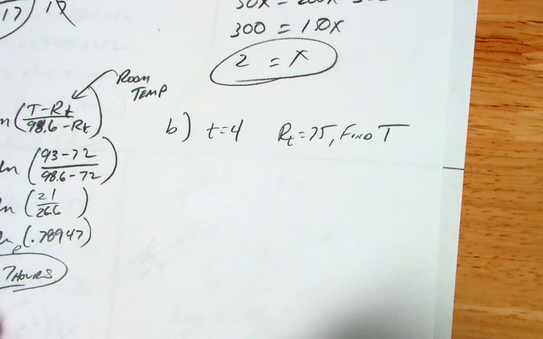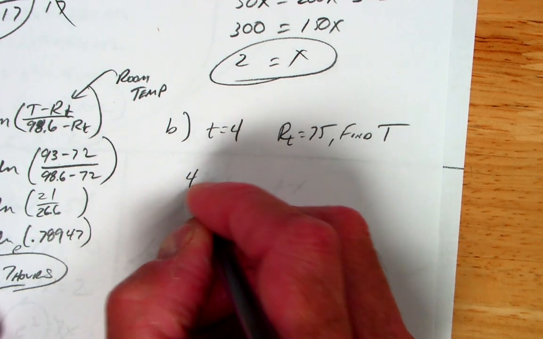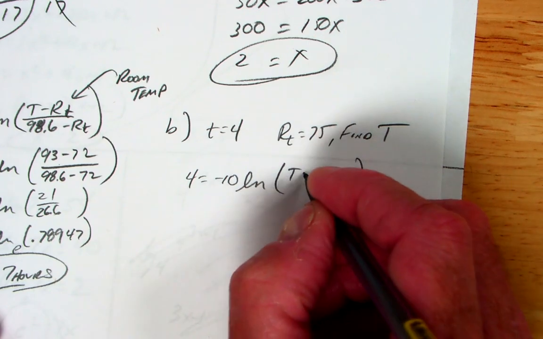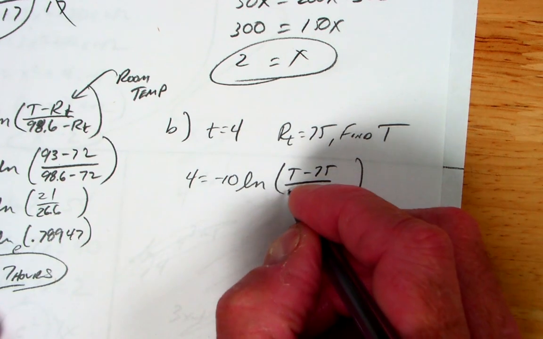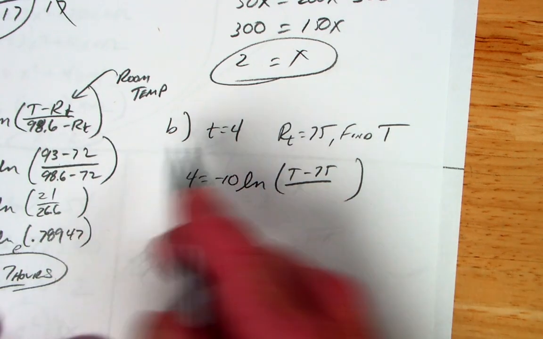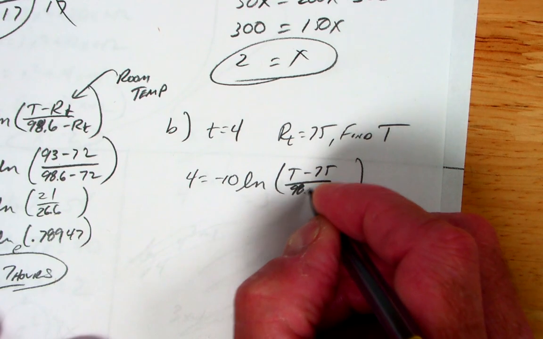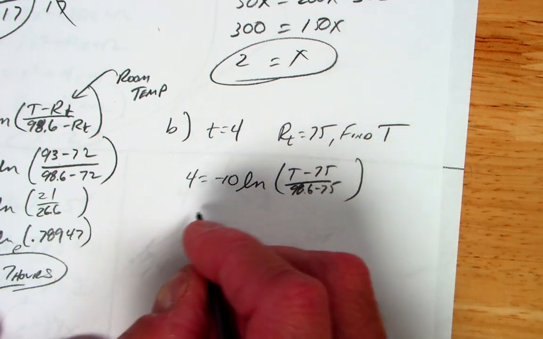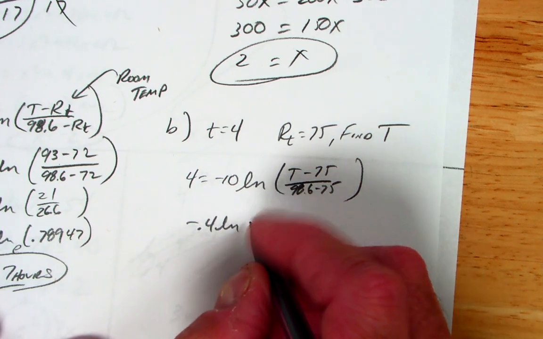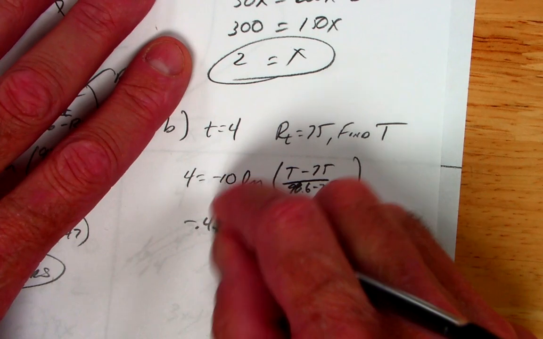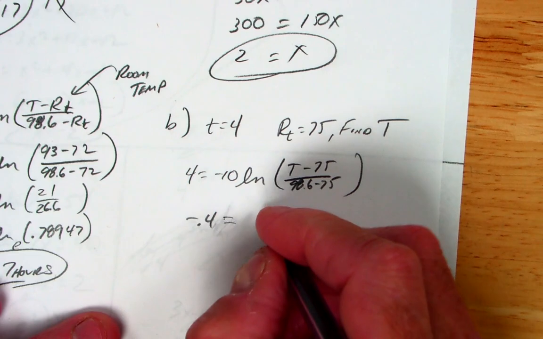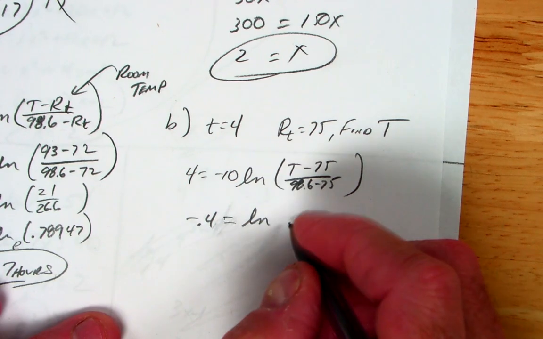Well, let's figure this one out. Same equation: 4 equals -10 natural log of (T minus 75) over (98.6 minus 75). Times by 23.6 on both sides?